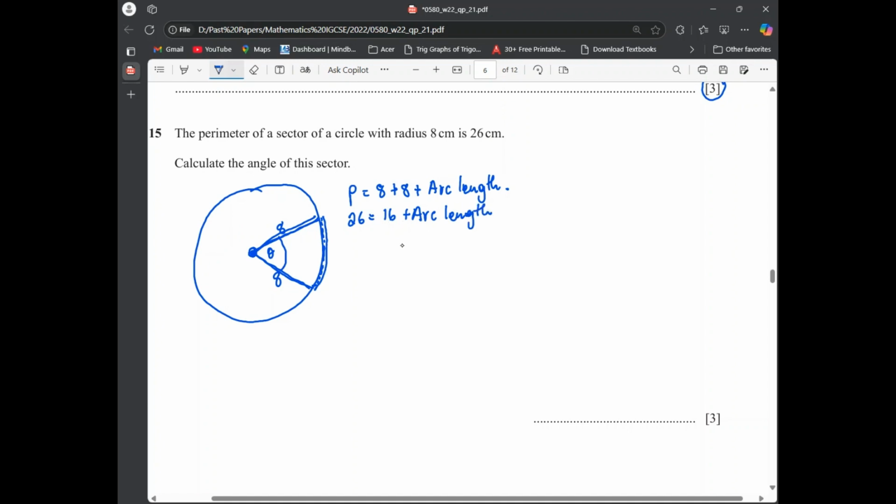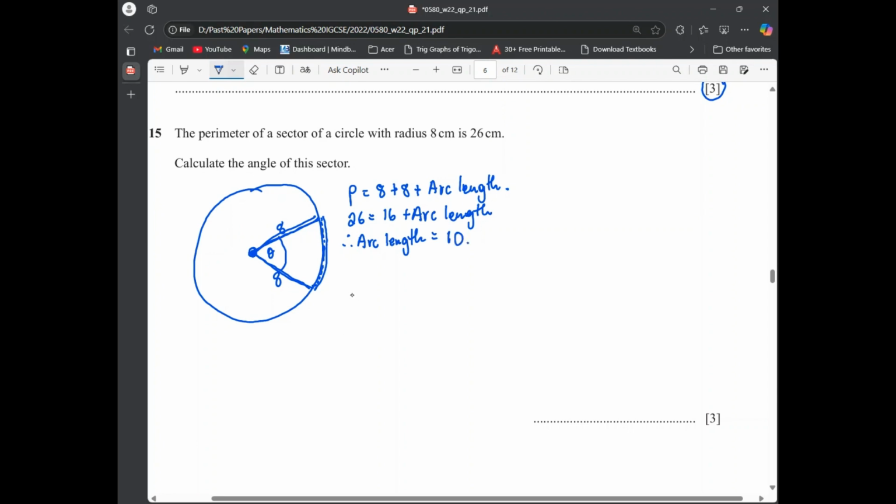So 26 is equal to 16 plus the arc length. Now, if we take 16 over to the other side, we get that the arc length is equal to 26 take away 16, which is equal to 10.